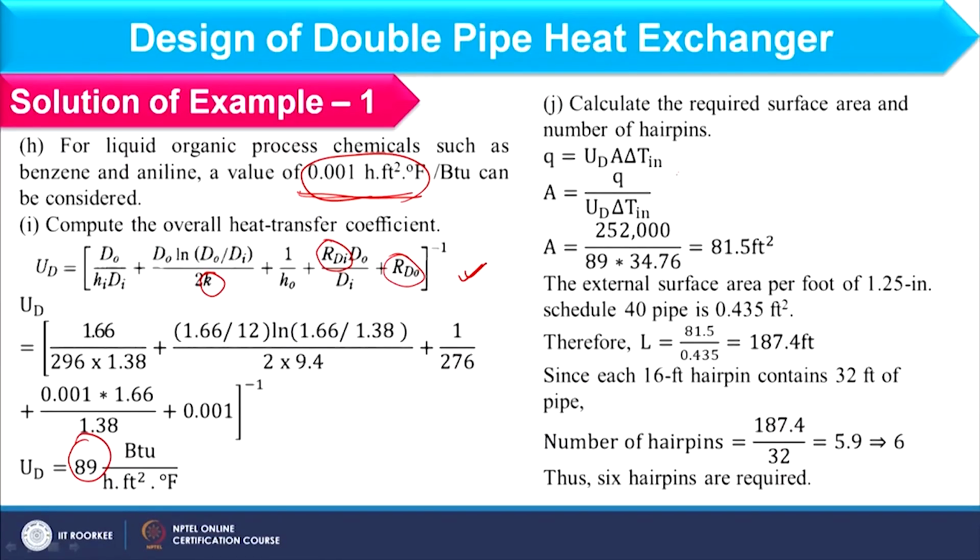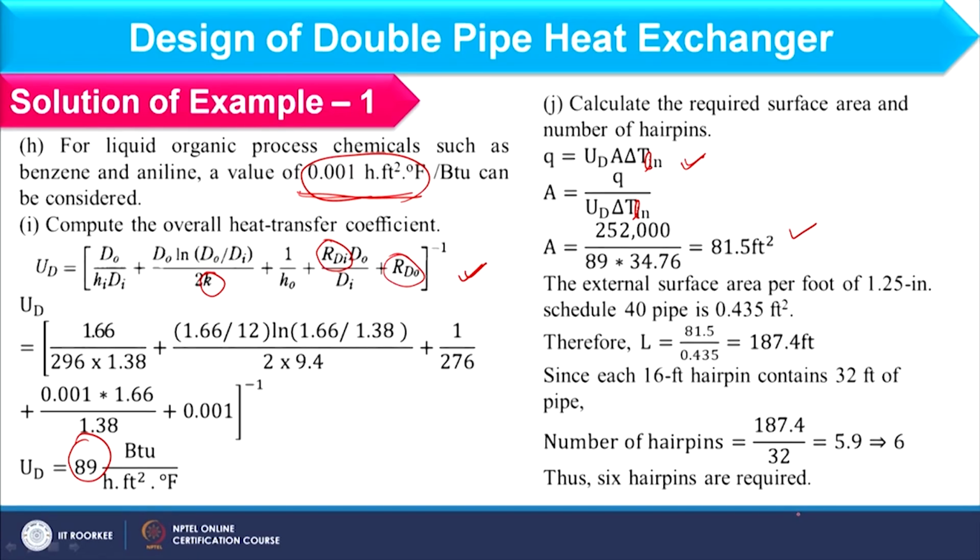This is a very common equation for heat transfer area: the duty should be equal to U A delta T mean, and that should be LM. Here it is not IN, it should be LN, that is the log mean temperature difference. Considering all these values, we can find the area as 81.5 square feet.